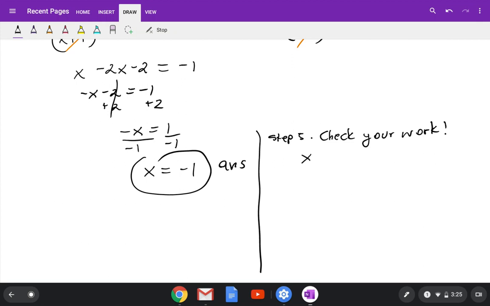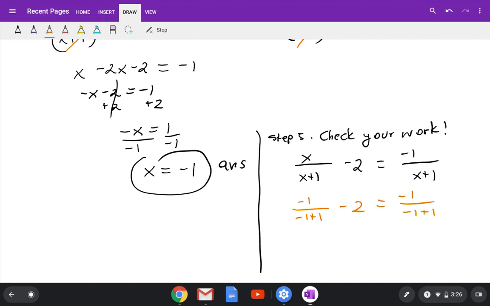Originally we had x over x plus 1 minus 2 equal to negative 1 over x plus 1. So x is equal to negative 1, so I plug in a negative 1. So we have negative 1 over negative 1 plus 1 minus 2, equal to negative 1 over negative 1 plus 1.